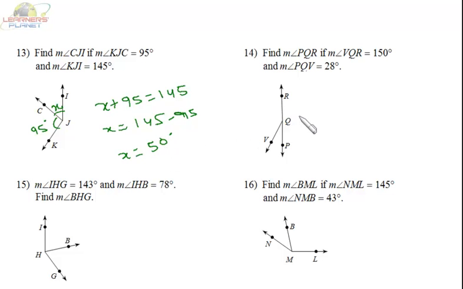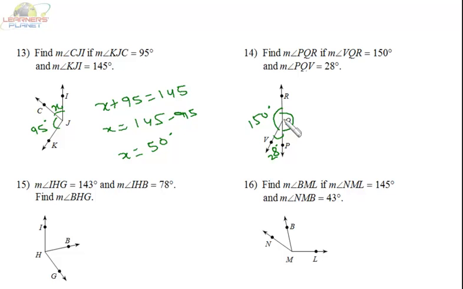Okay. In this question, angle PQR we have to measure. That means this angle we have to measure. VQR is 150. That means this angle is 150, and PQV is 28. That means this is 28. So we have to measure angle PQR.